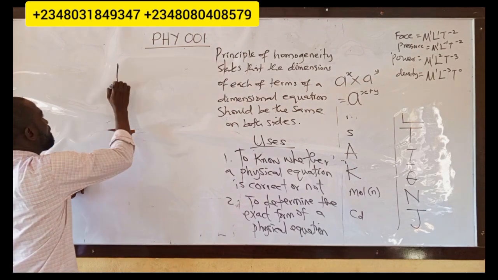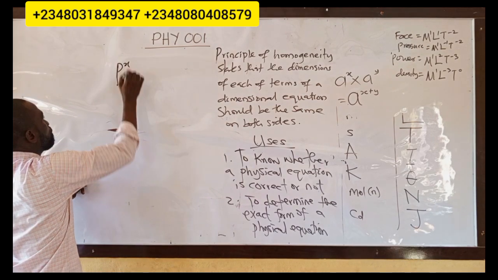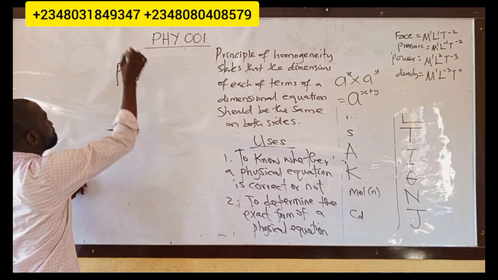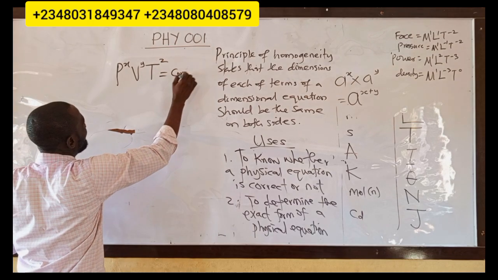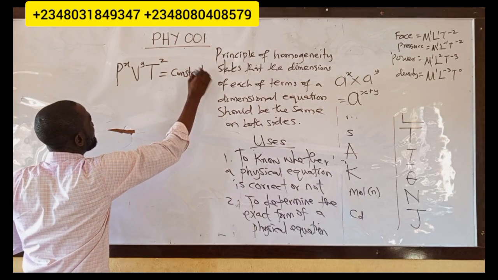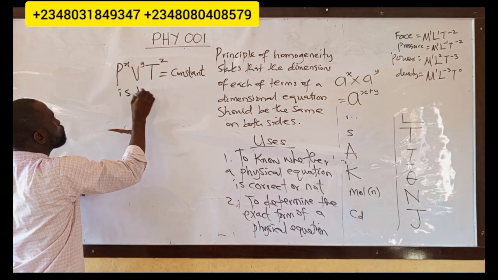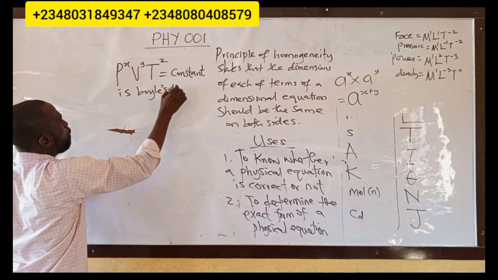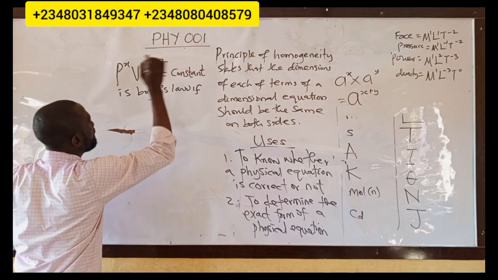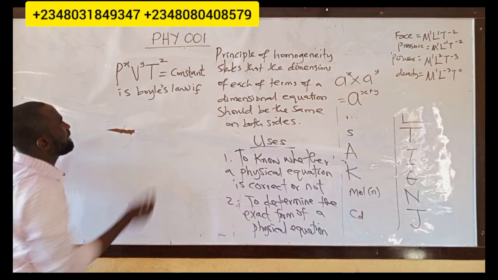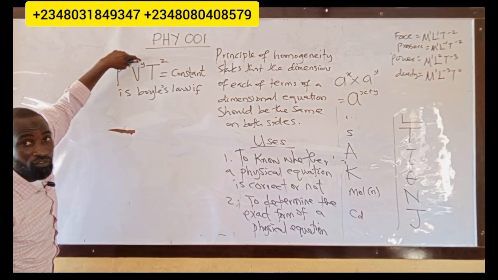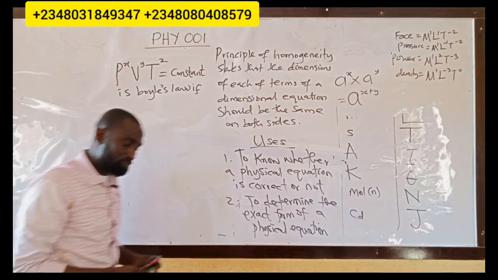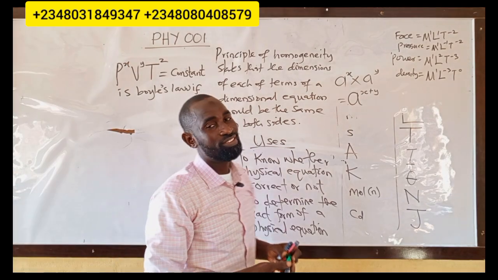The question says the equation P raised to power x, V raised to power y, T raised to power z equals a constant is Boyle's law. So we have to find the value of x, the value of y and the value of z.